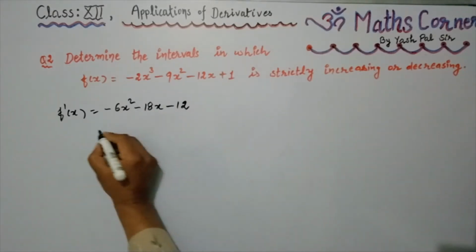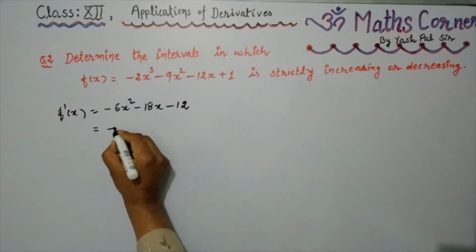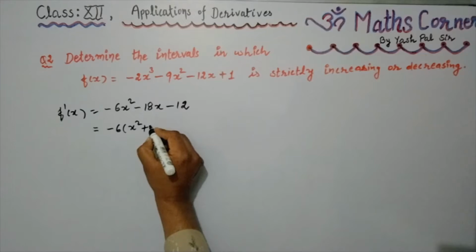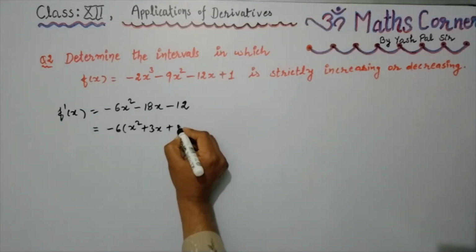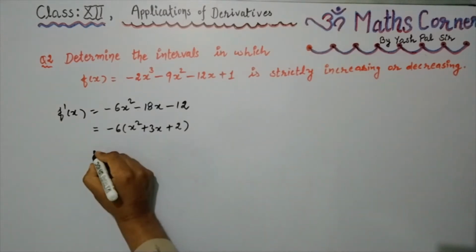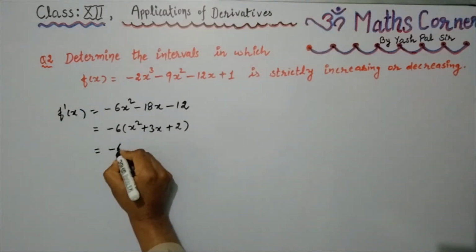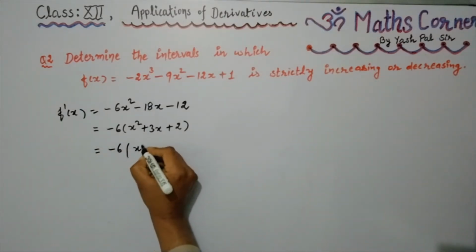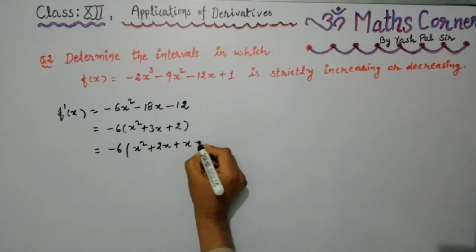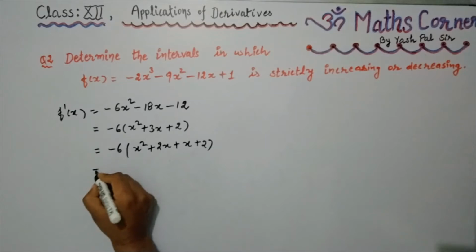Now we factorize this. For this purpose we take minus 6 common. So we have now x square plus 3x plus 2. Now we make the factors: minus 6 into x square plus 2x plus 1x plus 2.